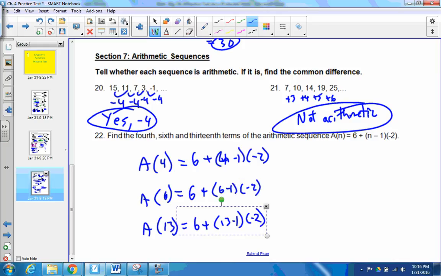If you look at this, you can tell the starting point in this sequence is 6, and the common difference is minus 2 each time.